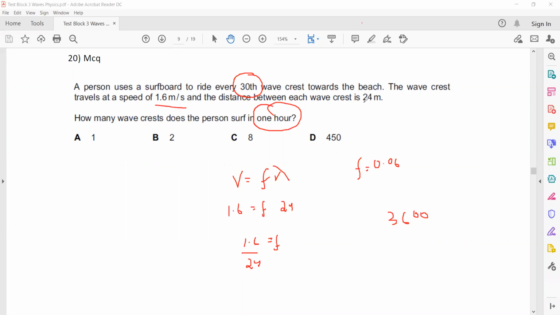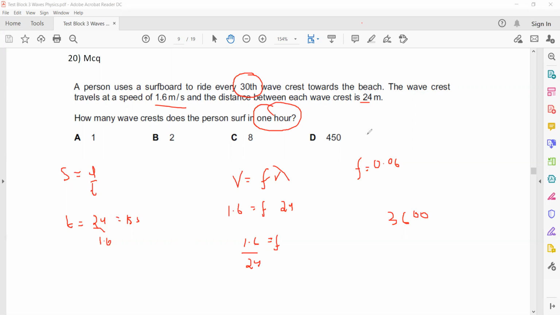You have the speed and the distance. Speed equals distance divided by time, so time is distance divided by speed. So 24 divided by 1.6, that time is 15 seconds. So for one wave it is 15 seconds, which is the time period, basically the time to complete one vibration.